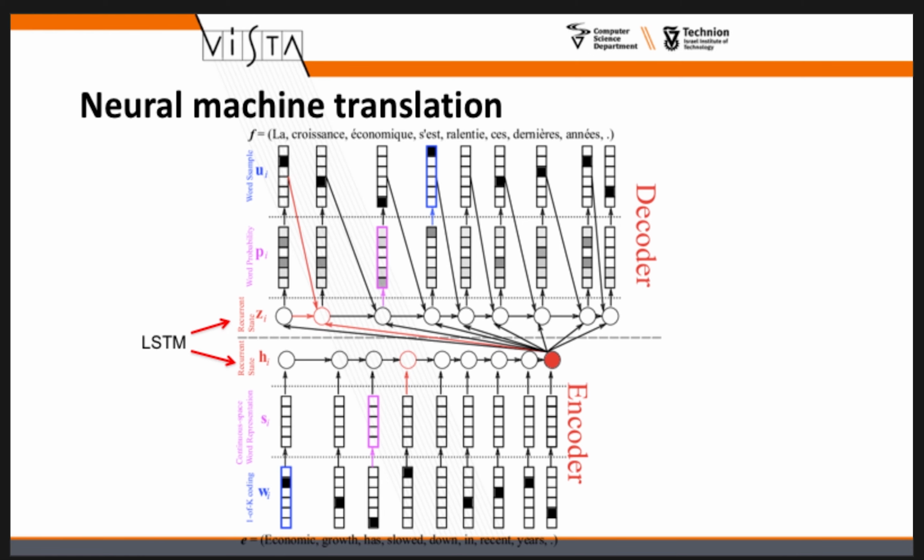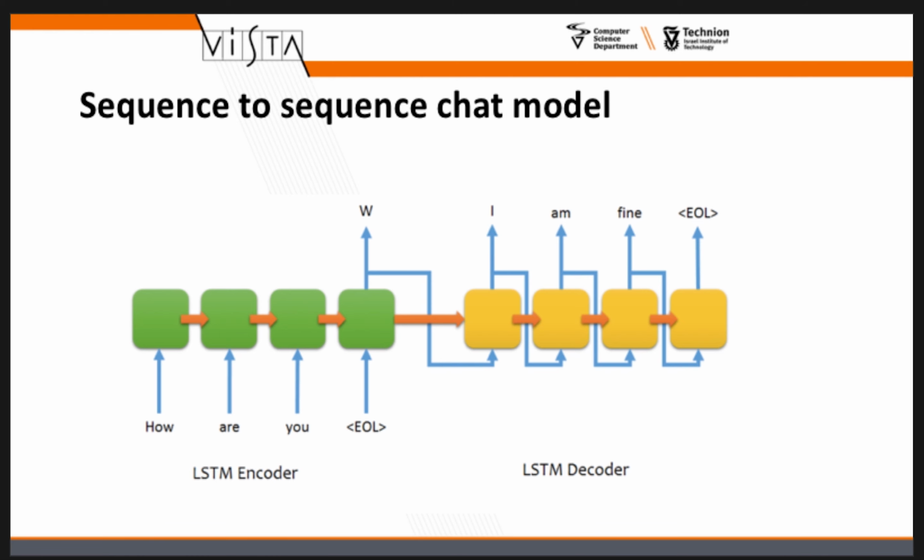sequence tasks. So this is a sequence-to-sequence chat model. You have here two parts. The first one is the LSTM encoder. So here we feed the words: How are you? Okay. Here will be my output. So I feed my output to the decoder. Okay.